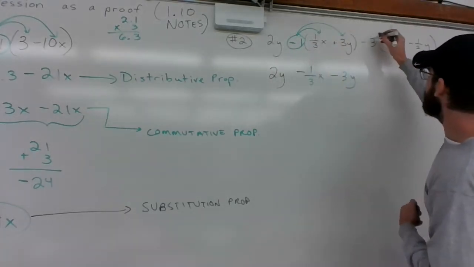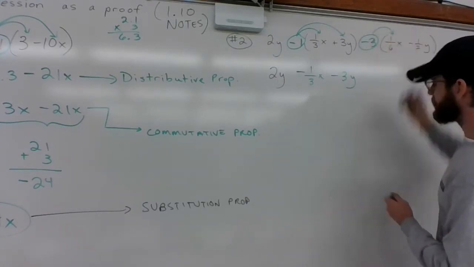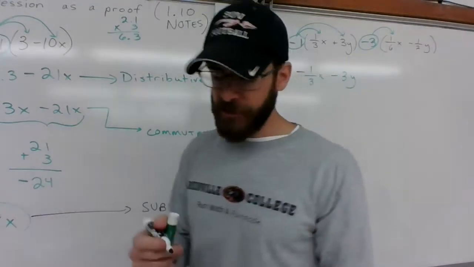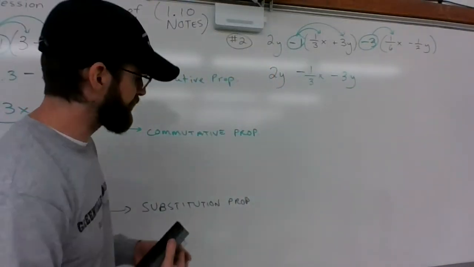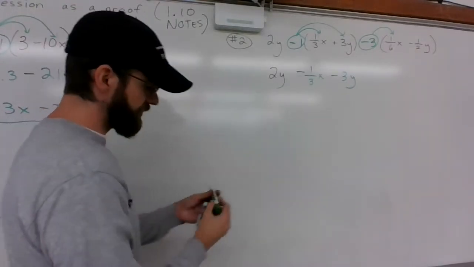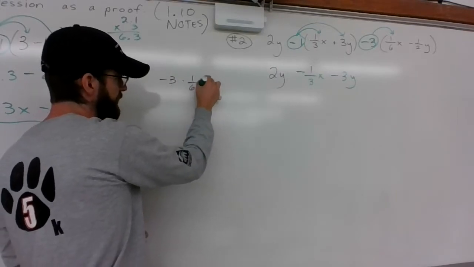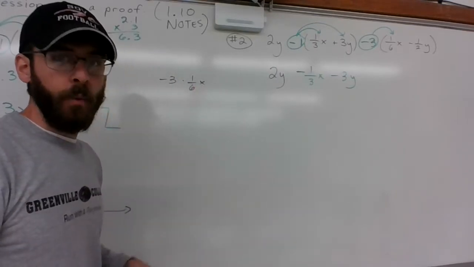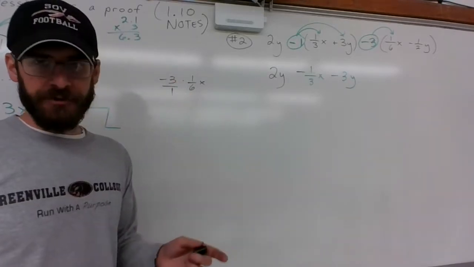All right, negative 3 multiplied by 1/6. This is where you're probably going to need to utilize some space off to the side. I'm just going to erase part of this proof and use that space. So what's negative 3 times 1/6 x? Well, you can put the negative 3 over 1 and then do one of two things.